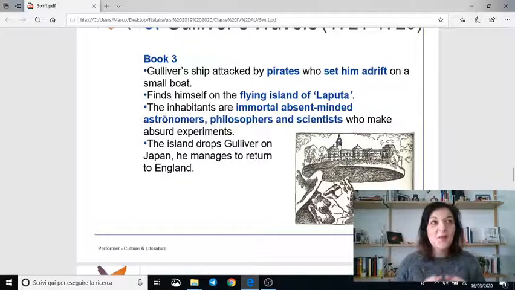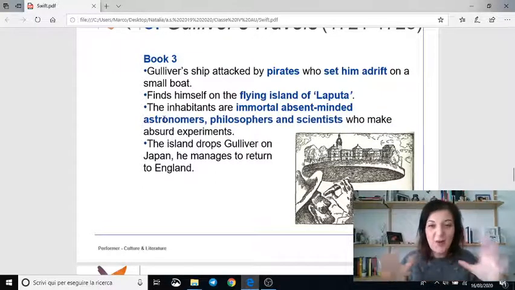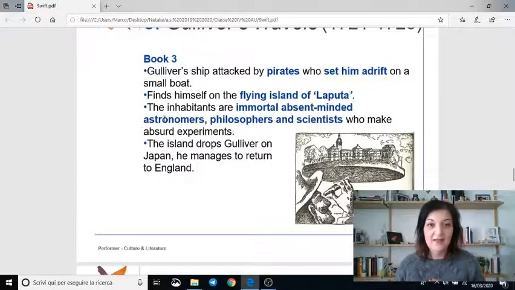Why? Because they spend all of their lives making absurd experiments. They do the strangest possible things. We will read together how many strange, absurd experiments they make in these scientific labs on the flying island of Laputa.